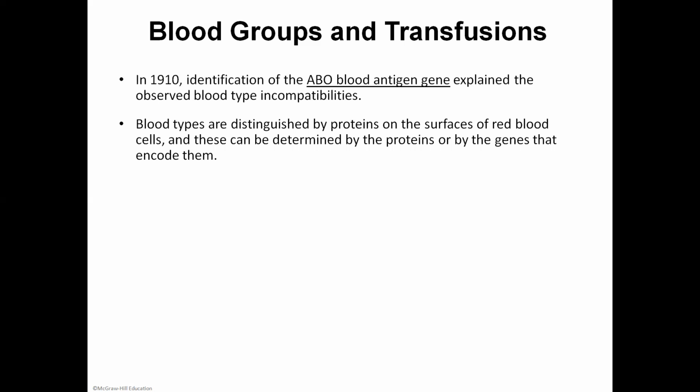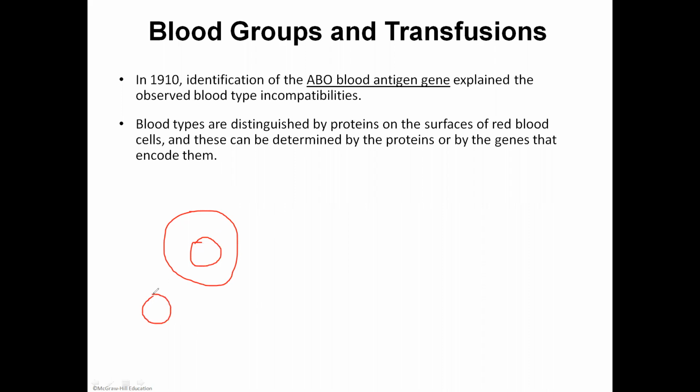And it took many years to actually truly explain the ABO blood typing and why this works. What actually happens is there's a particular antigen gene for blood type. So blood types are distinguished by the proteins on the red blood cell. For instance, when we think about a person's red blood cells, if you are like me, and I'm not going to mention positive or negative at this moment, I'll discuss that in just a moment, but if you're like me, you have nothing on your red blood cell.